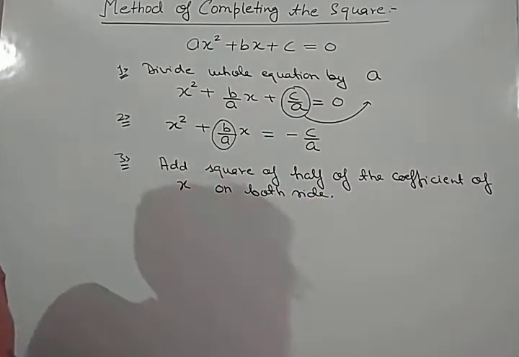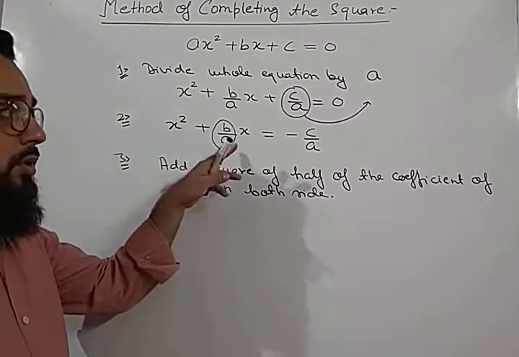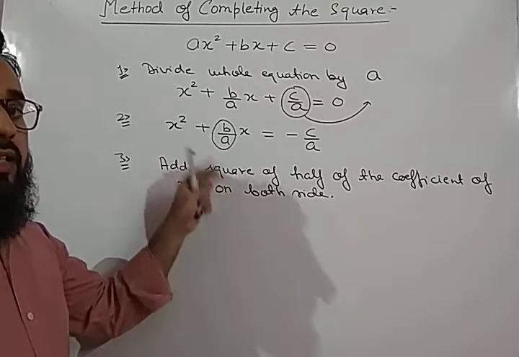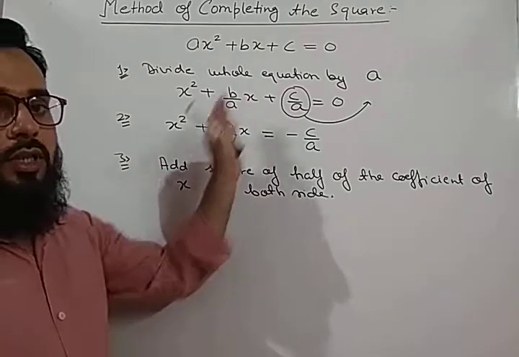This is our third step. Whatever is given as the coefficient of x, first make half of it, then square that half, and then add that square on both sides.